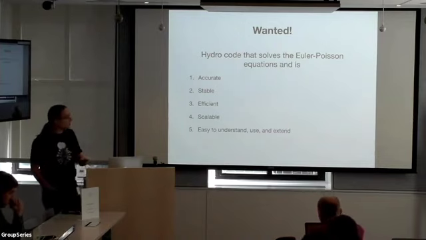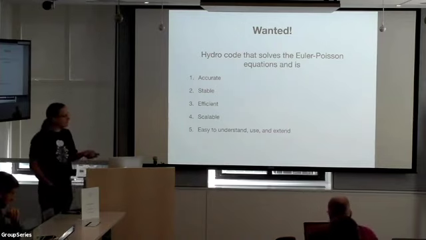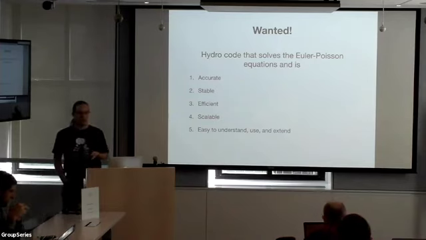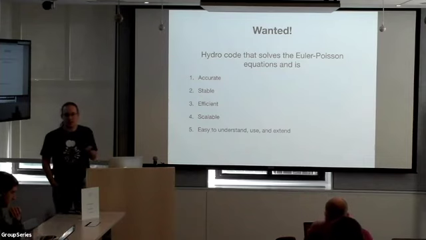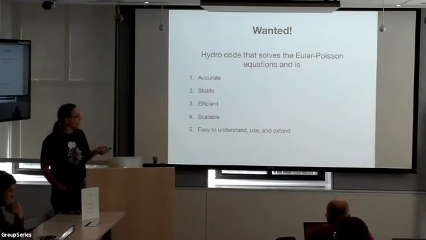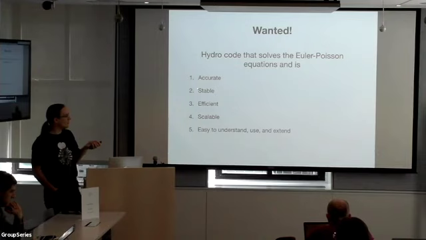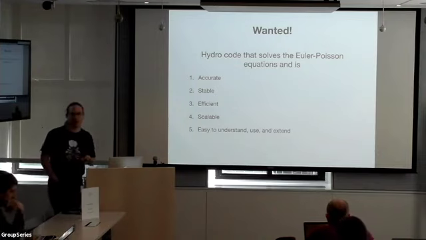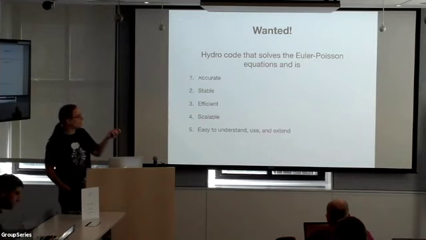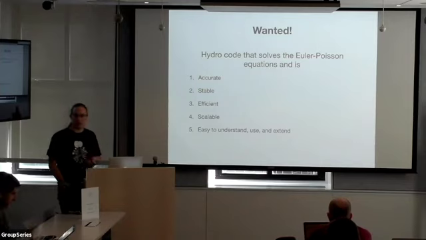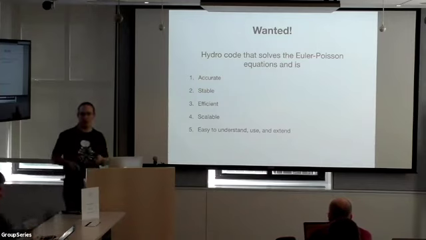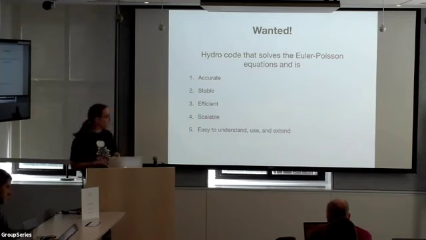Of course, the ideal code that we would like to have is accurate. It doesn't help us much if we don't get the correct result, whatever that means. We want it to be stable. This is maybe a slightly less obvious point, but there's often some kind of trade-off between how accurate your code is and how stable it is under general circumstances.